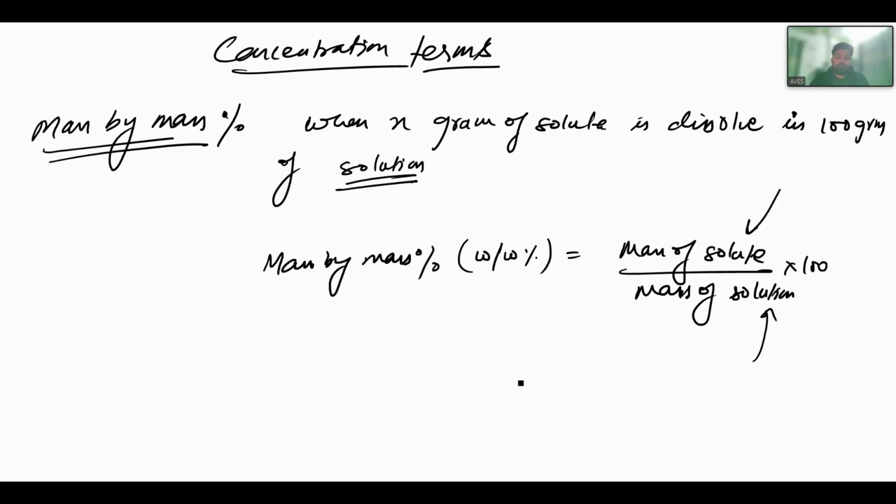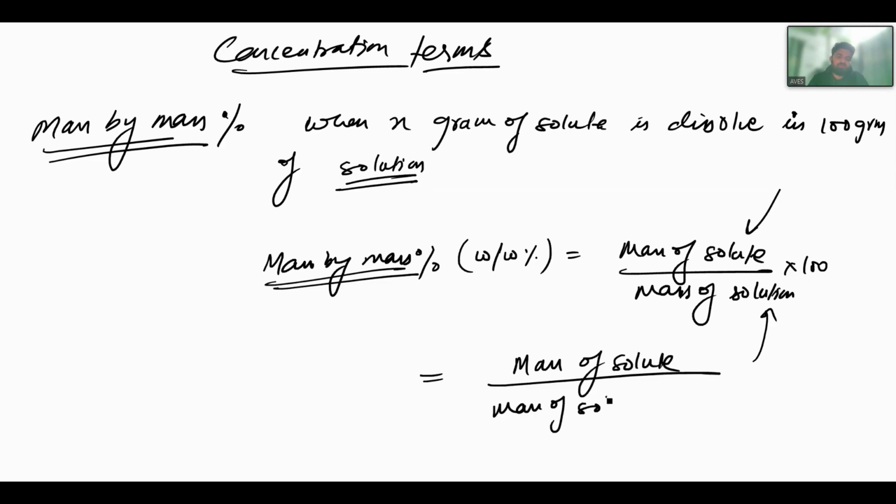This is always noted with a percentage. If the mass of solution is not given to you, you can write it as mass of solute upon mass of solute plus mass of solvent.